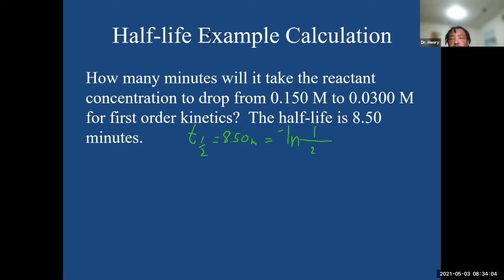Because we know that's what T1/2 means, right? The half concentration. And then that's going to be divided by K, right? So here we have an opportunity to figure out what K is. So then what is going to be K?